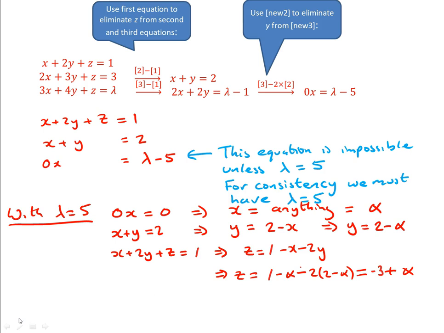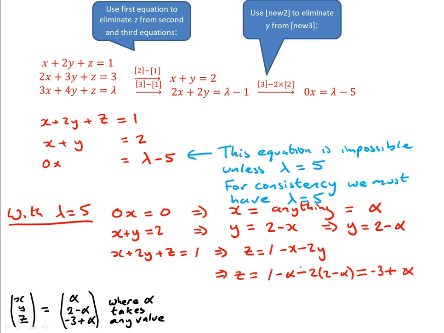So the solution is x is equal to alpha, y is equal to 2 minus alpha, and z is minus 3 plus alpha, where alpha can take any value at all.